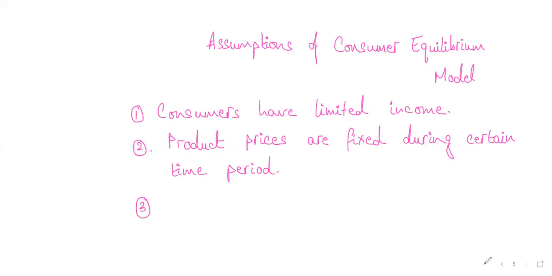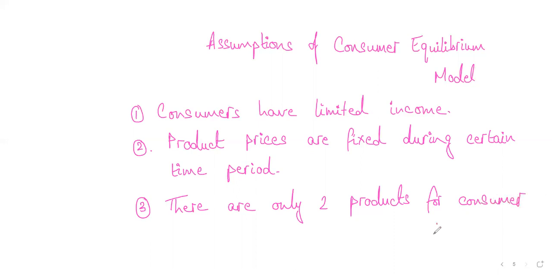In real life, we know consumers spend their money on many products, but for graph purposes, there are only two products for the consumer to consume. Easy. We good on this, students?